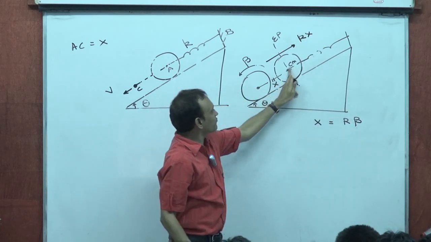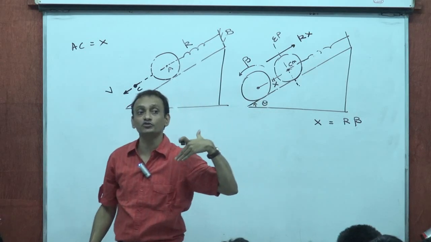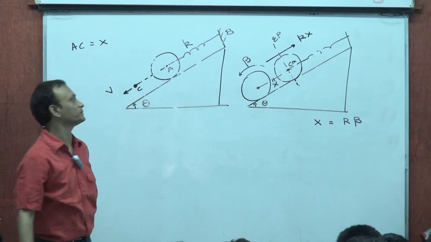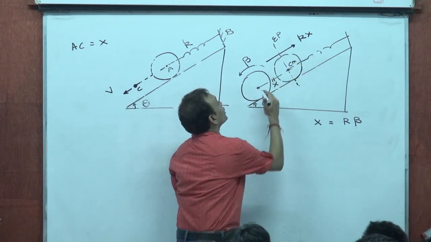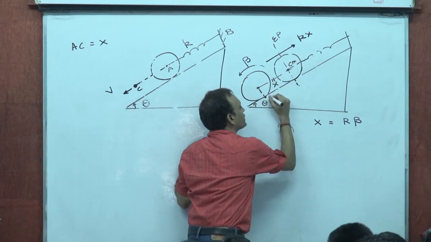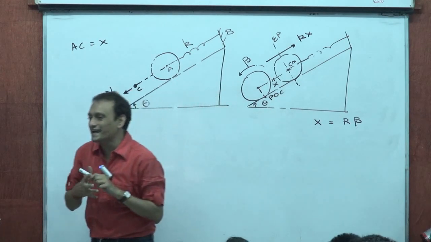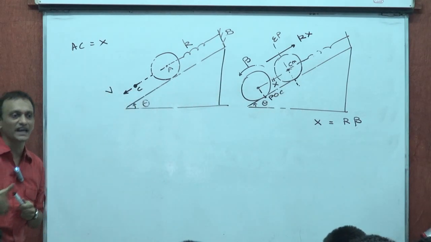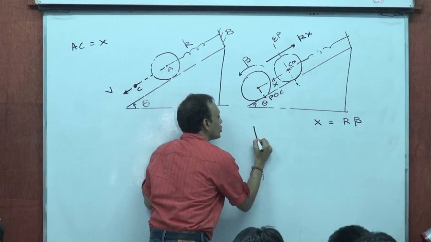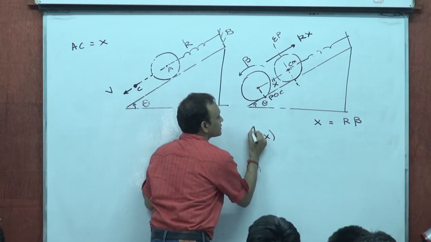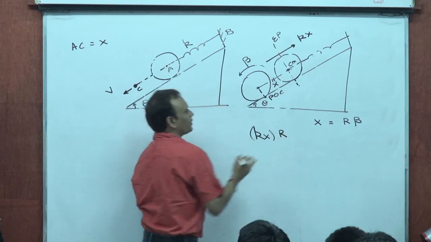There was already a spring force, but this is the additional spring force, that's going to be kx upwards. This additional spring force about the point of contact, which is also the instantaneous center, produces a torque which is kx into r about the point of contact.